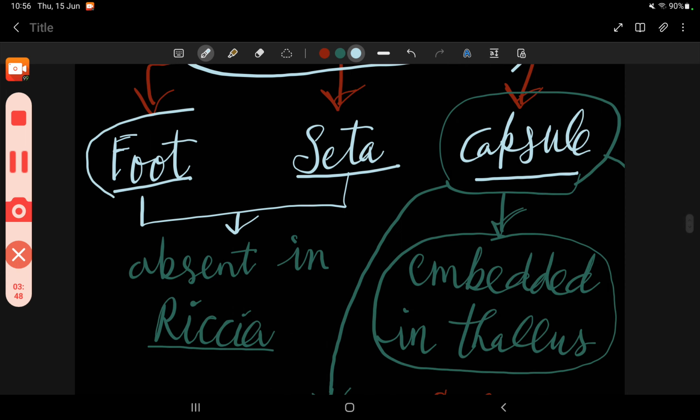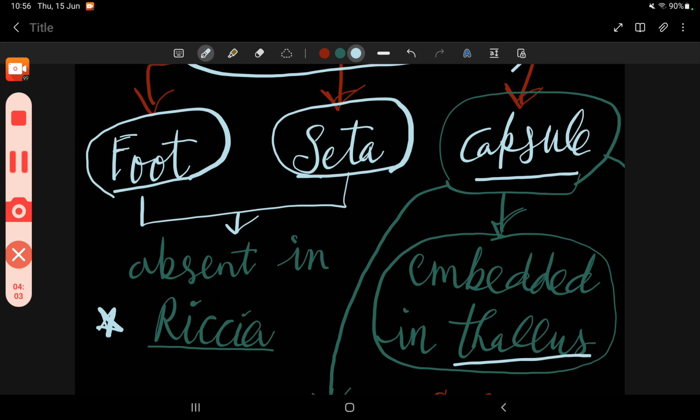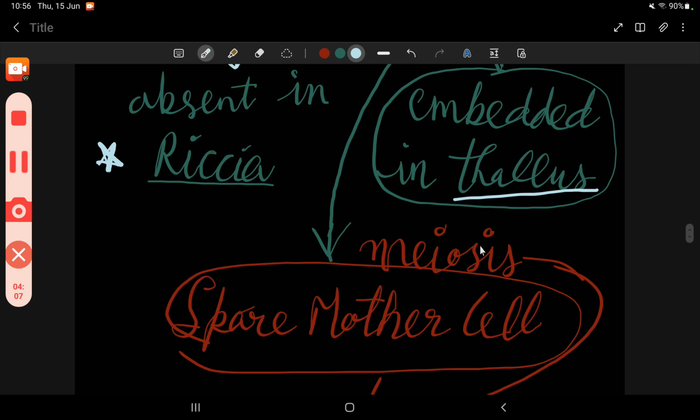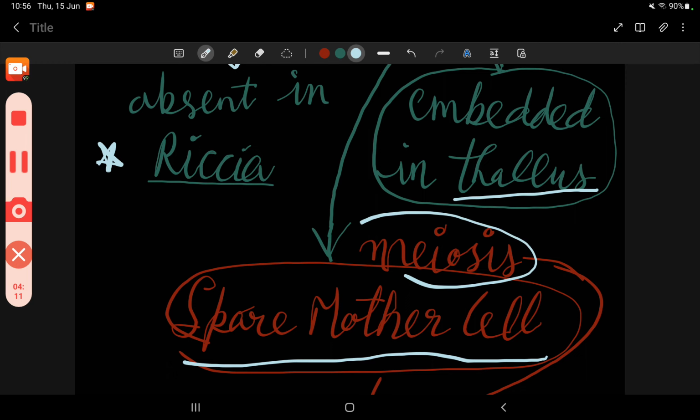Then the question arises: foot and seta are absent in which bryophyte? This exception is in Riccia. Riccia has no foot and seta. It has a capsule embedded in the thallus. This capsule bears spore mother cells inside it, which undergo meiosis.